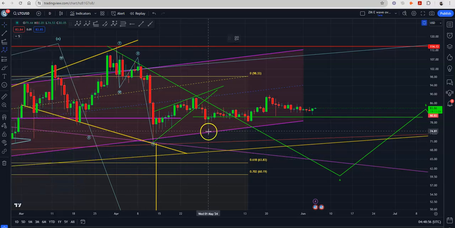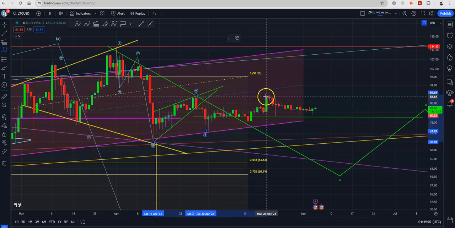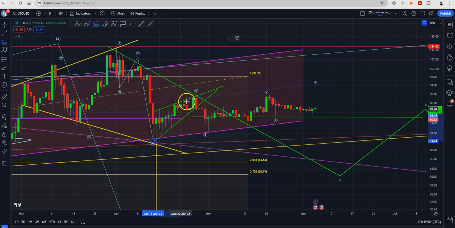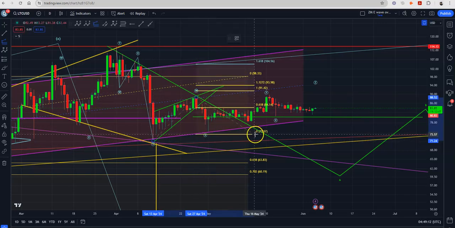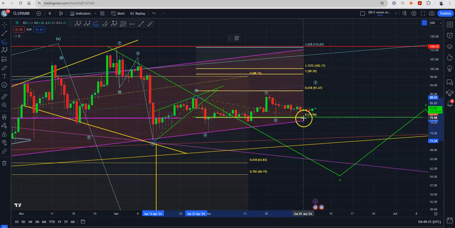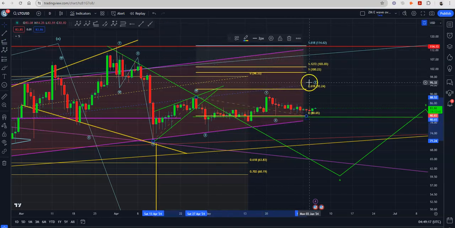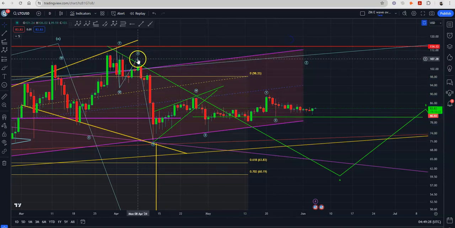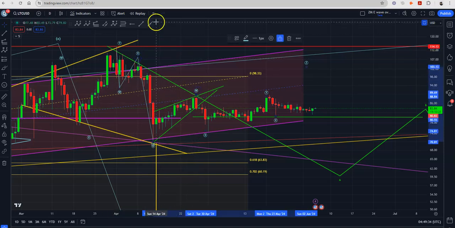This X wave is looking like a WXYXZ, or this W, X measures the Y, and it also measures the Z. So the Z cannot exceed $103 per Litecoin. There we go.